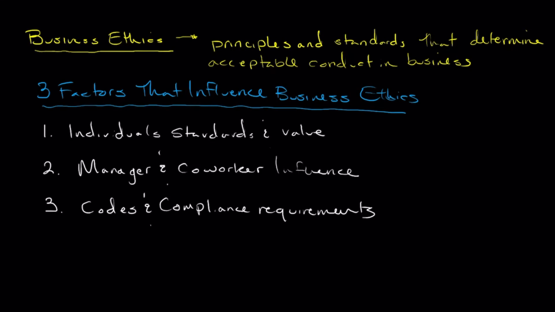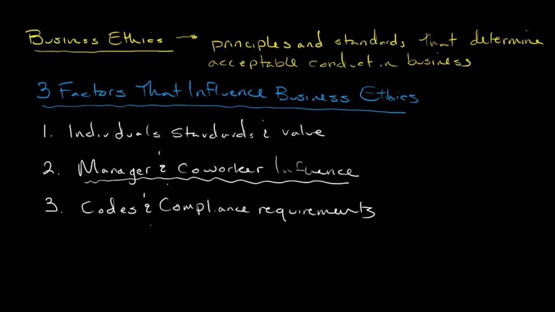But being able to address manager and coworker influence is huge, because we've seen time and time again when there are these ethics scandals, it typically is a result of behavior that maybe unintentionally doesn't get addressed, and that encourages such behavior to continue, and then it begins to spread almost the equivalent of wildfire. And so from an employment standpoint, we really need to be able to identify those unwanted behaviors and make sure that we're encouraging the right ones and obviously discouraging those that aren't contributing towards creating this climate that's really based upon ethical behavior.